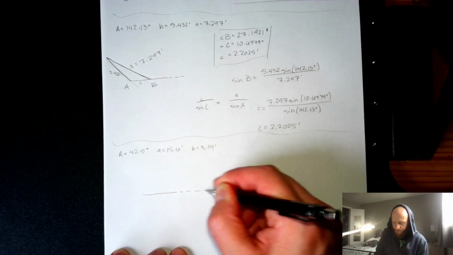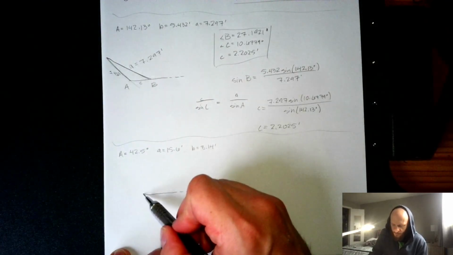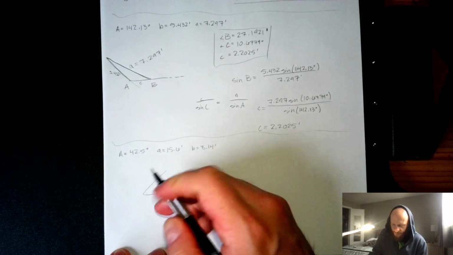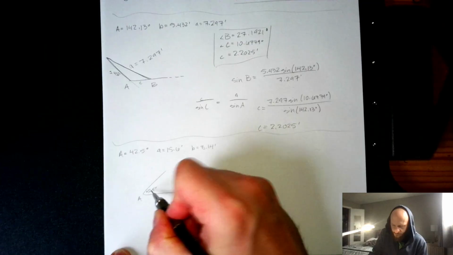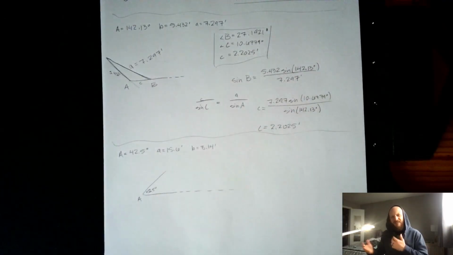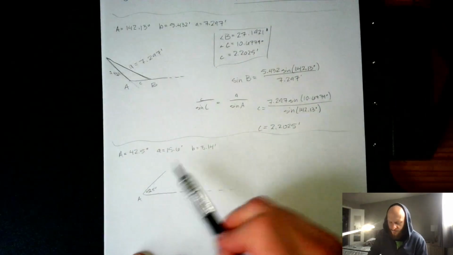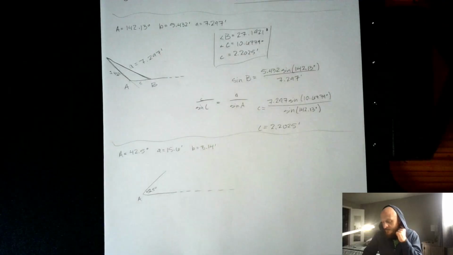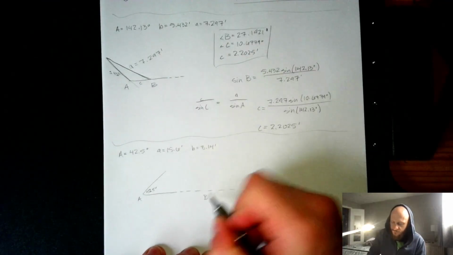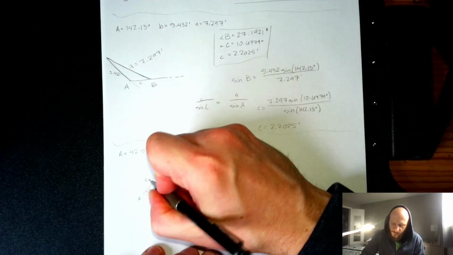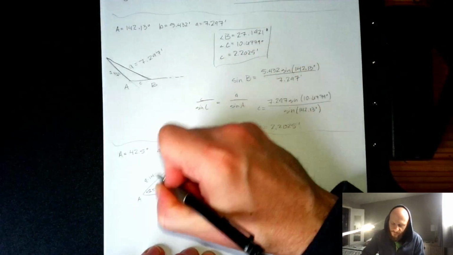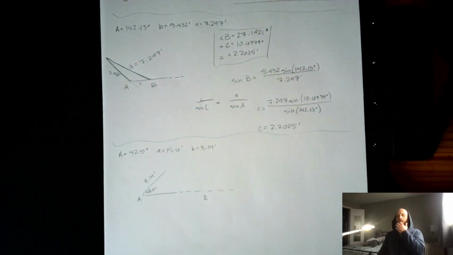Same thing though. Just started off the same way. So 45 is about right here. 42.5 is about right there. 45 degrees bisects a right angle. That's kind of my reference point there. It's close to 45 degrees. So there's side A. Angle B is going to be somewhere down here. So side B is over here, 8.14 feet. Oh, nice.